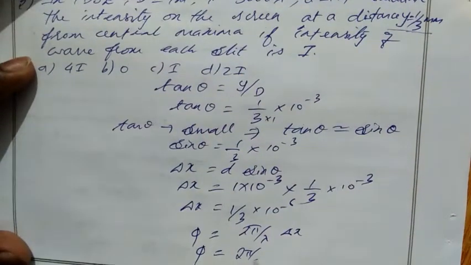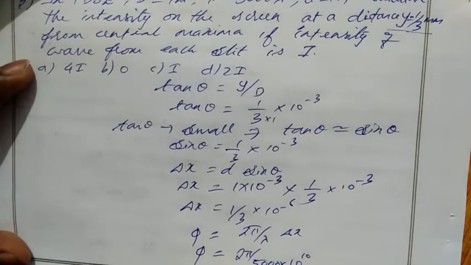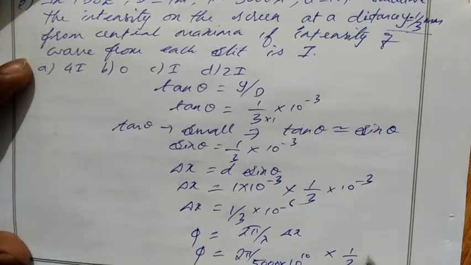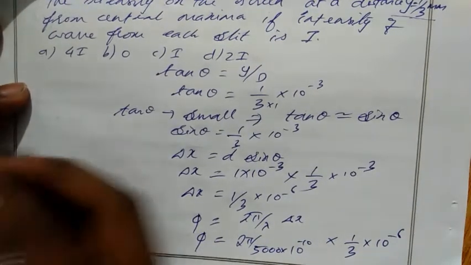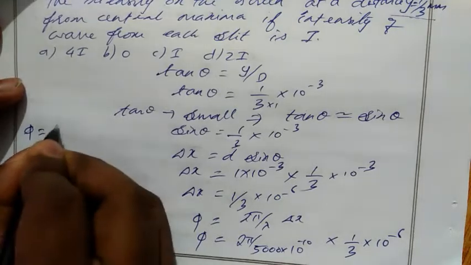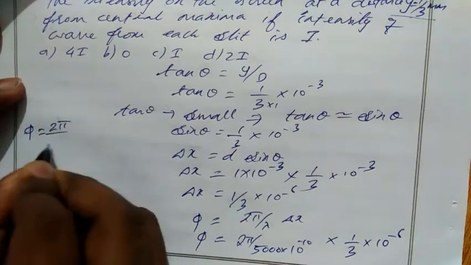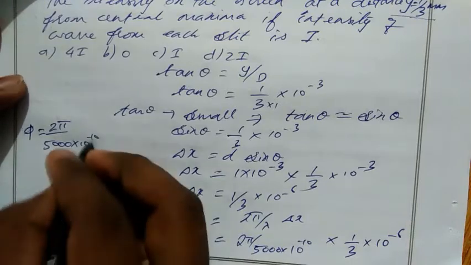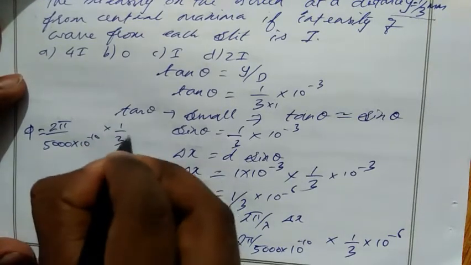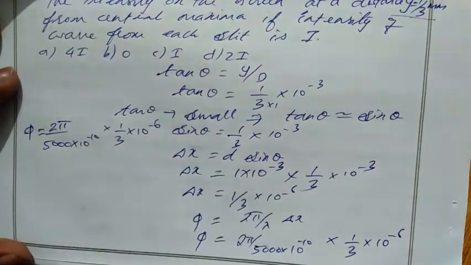So 5000 into 10 power 10 meter into del x, 1 by 3 into 10 power minus 6. Sorry, 10 power minus 10. Okay, so if you solve this, I write it here, phi equal to 2 pi by 5000 into 10 power minus 10 into 1 by 3 into 10 power minus 6.